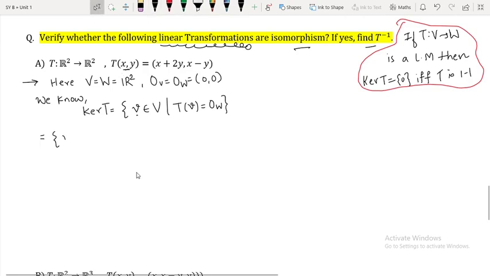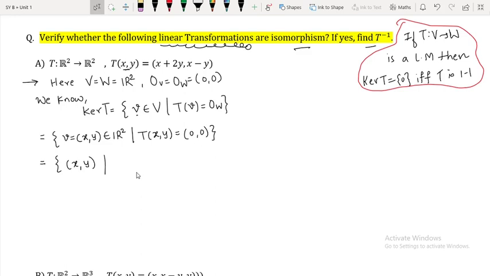So it is the set of all v = (x,y) belonging to R2 such that T of (x,y) is equal to (0,0), which is further equal to the set of all (x,y). Now I will eliminate this belonging to R2 part because it is clear that it is an element of R2.